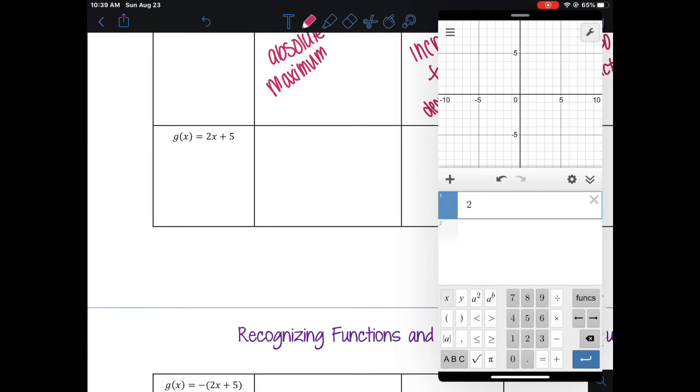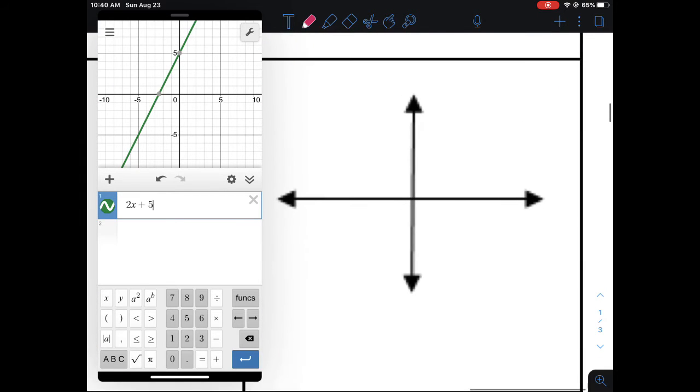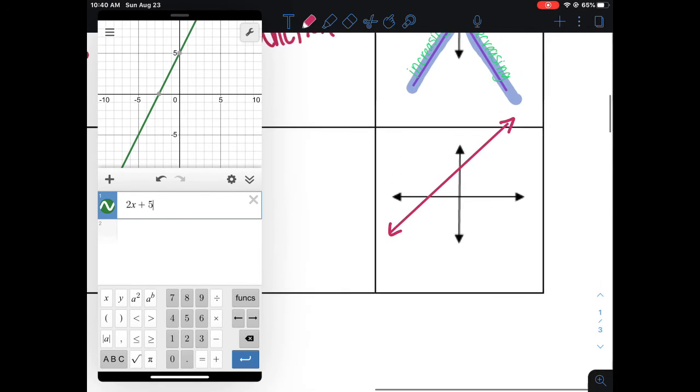And we go 2x plus 5. And notice now my graph is green, and I'm going to make a quick sketch of that. It's not intersecting my graph at the origin. It's slightly above that. My y-intercept is 5. So I'm actually going to draw this one kind of up in the air like that.